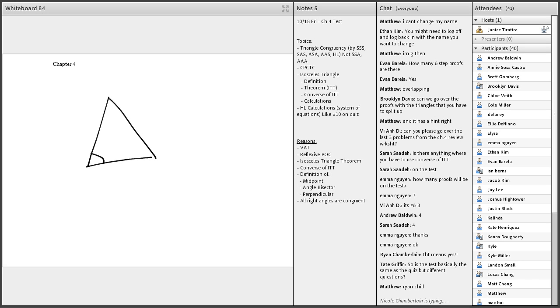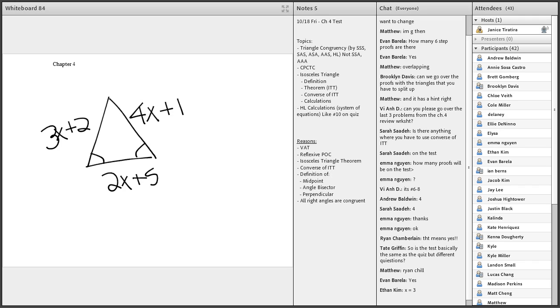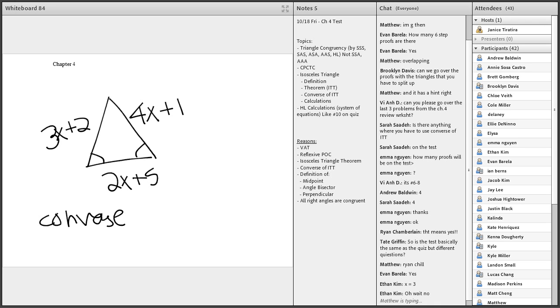So let's say these are provided, and then you have 3x plus 2 and 4x plus 1, and 2x plus 5 or something. I have no idea if these numbers will come out right. But this is when you use the converse of the isosceles triangle theorem. The converse of ITT, order matters.